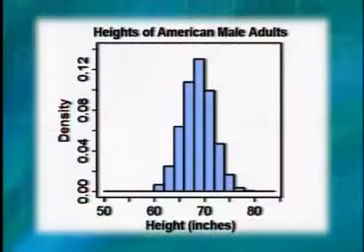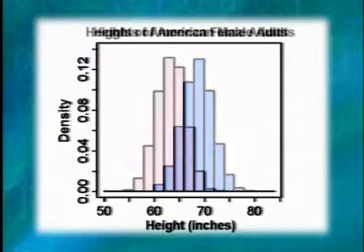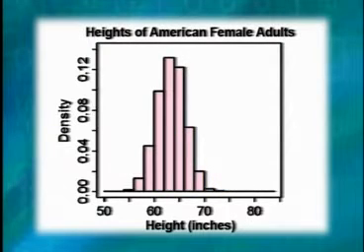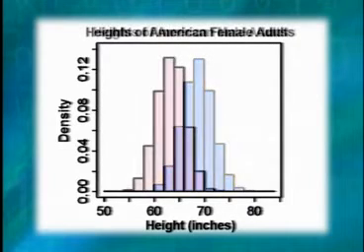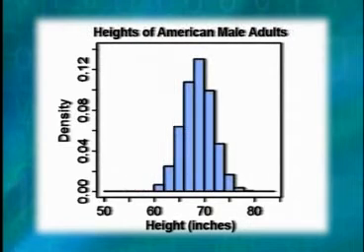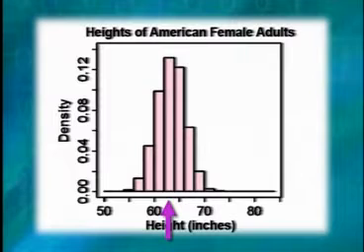For example, here are the heights of American males, and here are the heights of American females. You can see the difference in these two graphs, I'm flipping back and forth between them. They're basically the same shape. The difference is just where they're centered. The males are centered at about 68 inches, and the females are centered at about 64 inches.